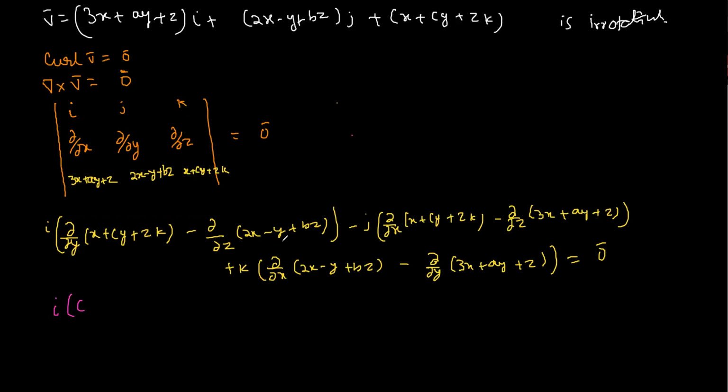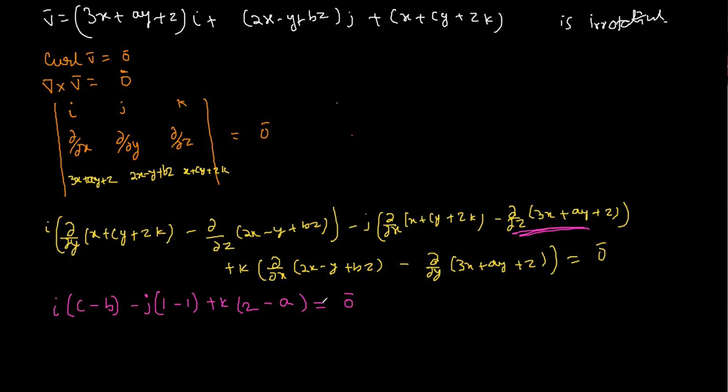With respect to z, you will get minus b, right? With respect to x, with 1, and when you do with respect to z, you will get minus 1 plus k. With respect to x, 2, and with respect to y is minus, right?